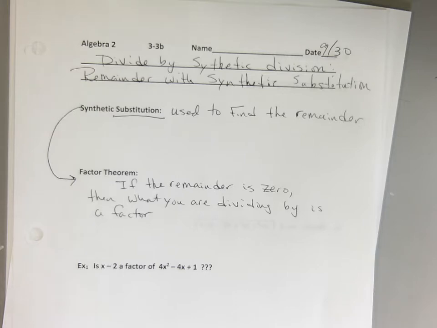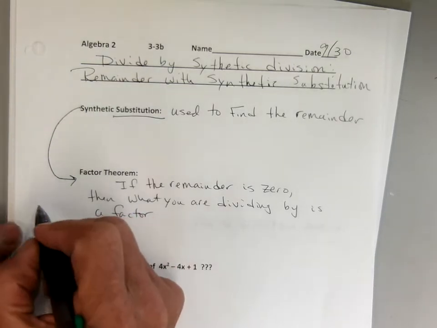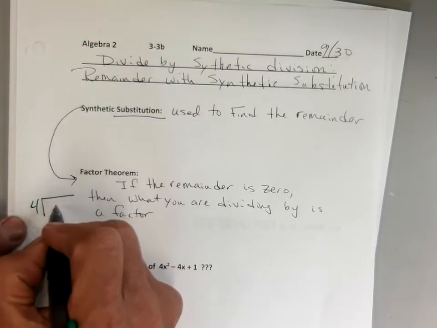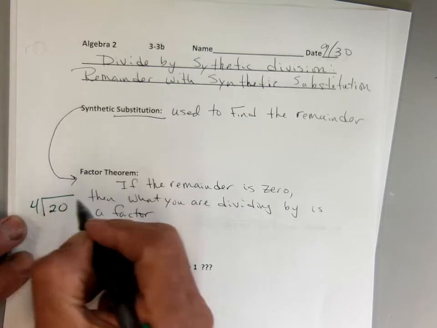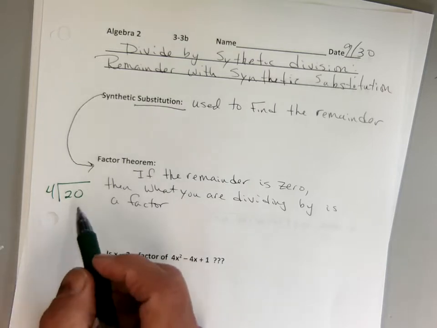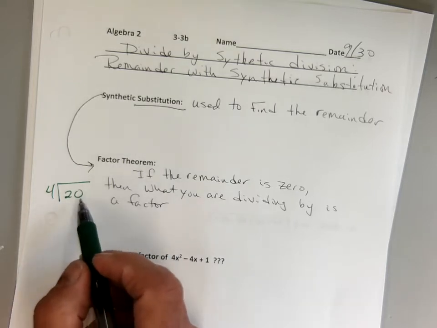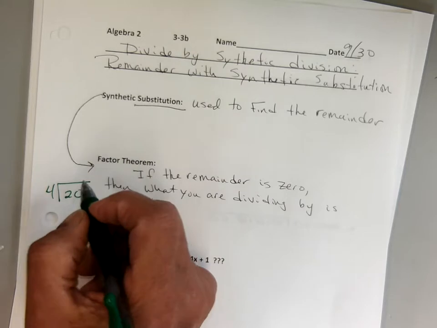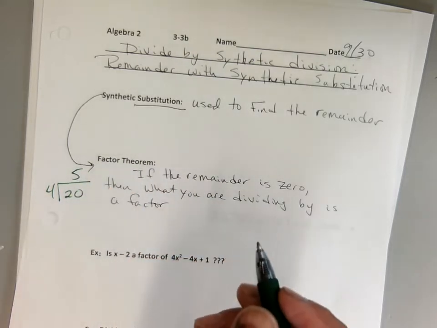So I like the example: 4 goes into 20. 4 goes into 20 how many times? 5, right? Is there a remainder?